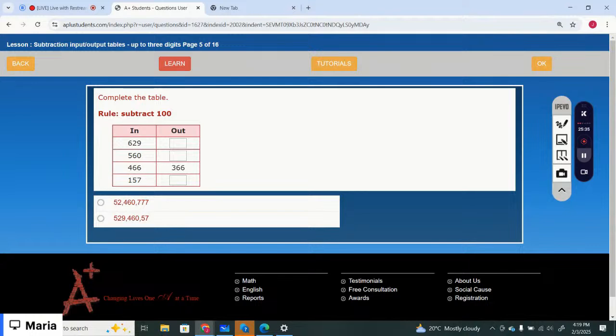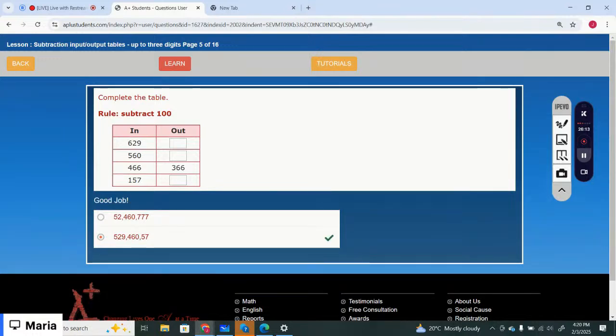Complete the table. Subtract 100. Which is the correct option? That is 529, 460 and 57. Option number 3 is the correct option.